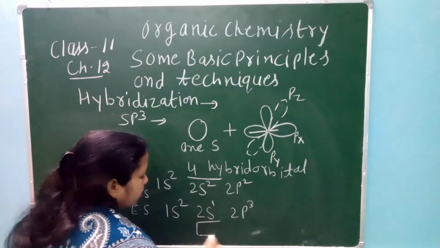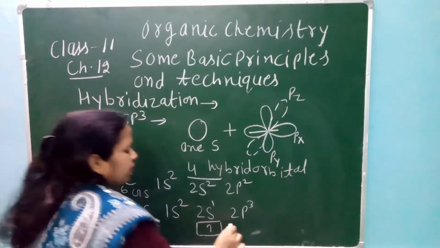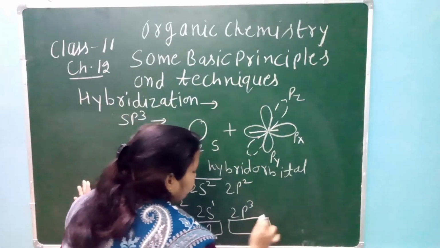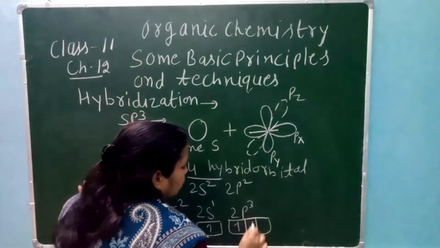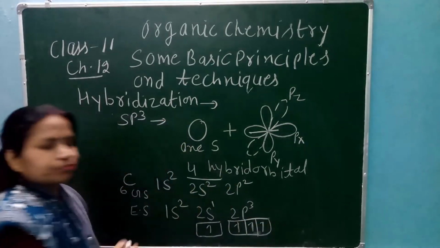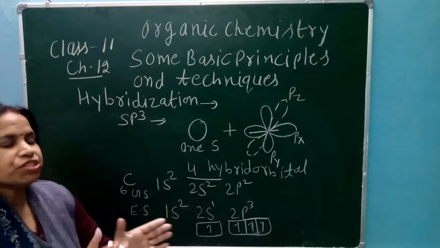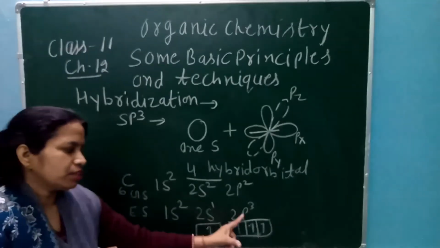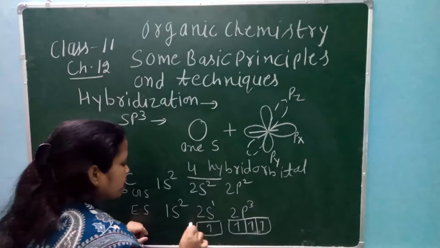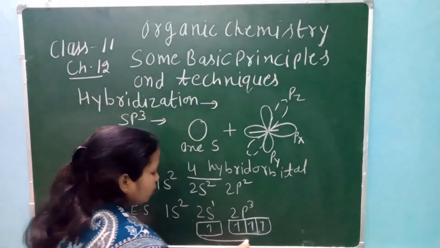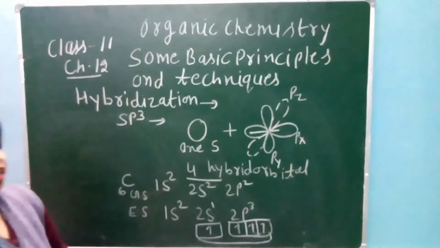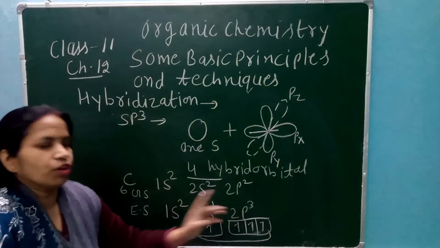So how to write? 1s orbital and in 2p 1, 2 and 3. Clear? So half filled orbitals are mixed together, 1s and 3p orbitals. So now there is mixing of 1s orbital and 3p orbitals.